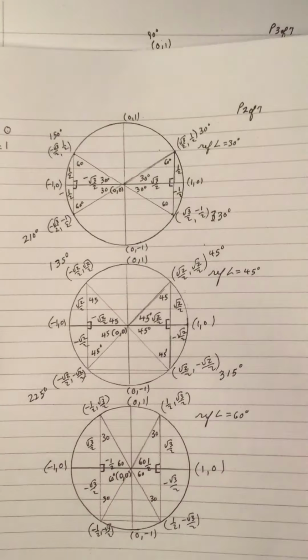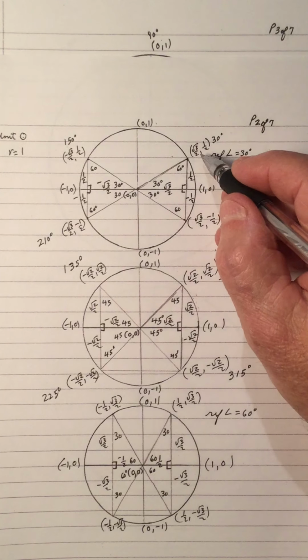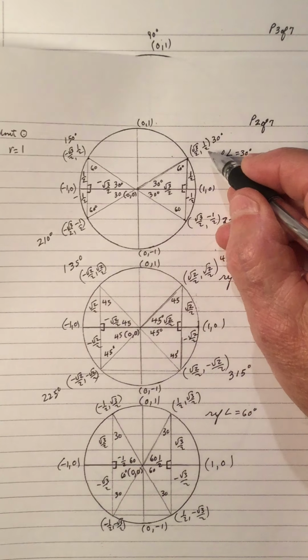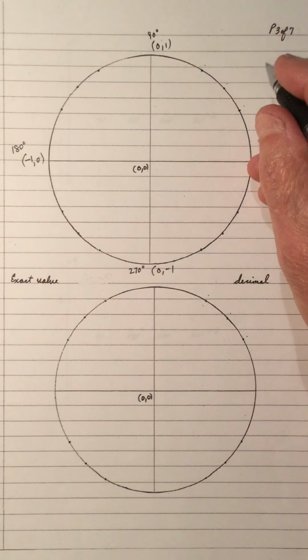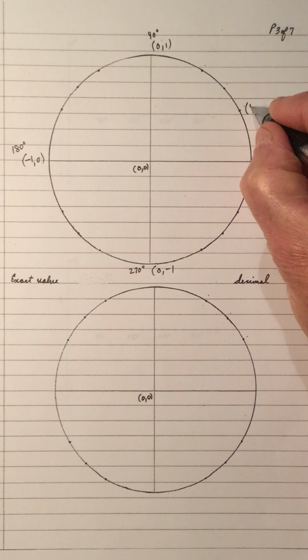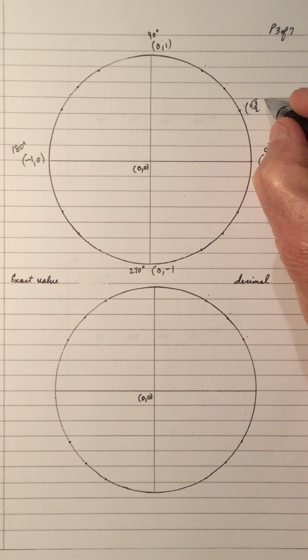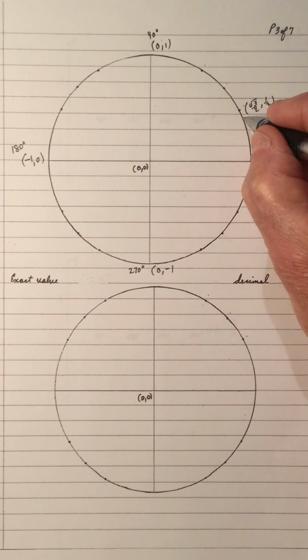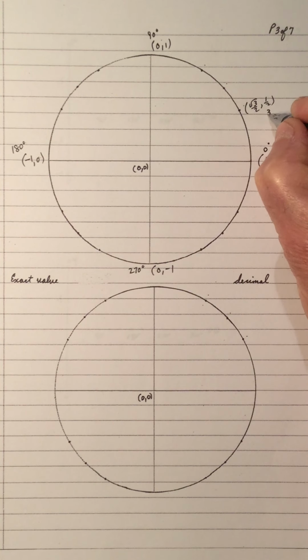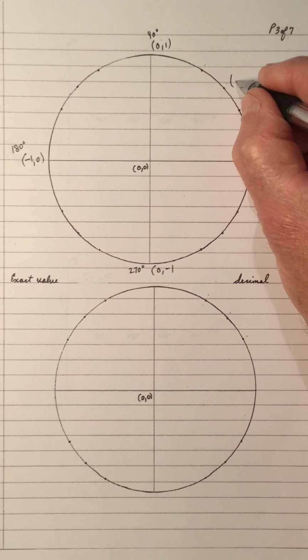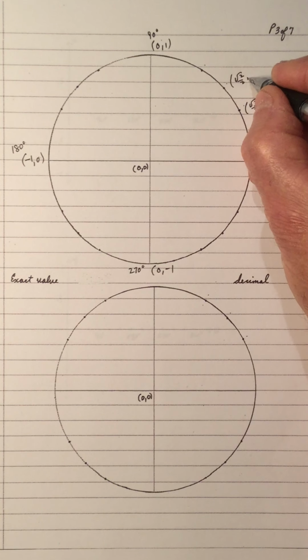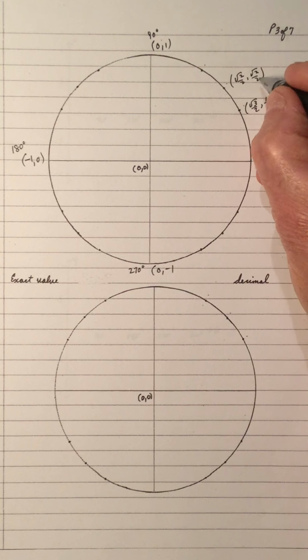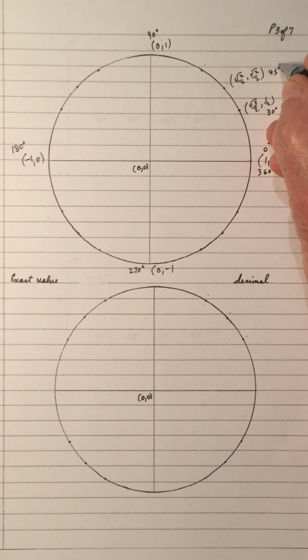And if we put all those points in here, I'll go back and show you with the 30. Notice I have root 3 over 2 and 1/2, because this is a 30-degree rotation. And this one is root 2 over 2, root 2 over 2, and that's a 45 rotation.